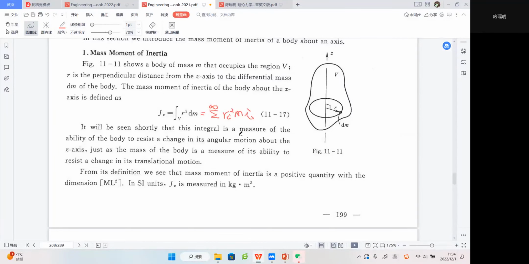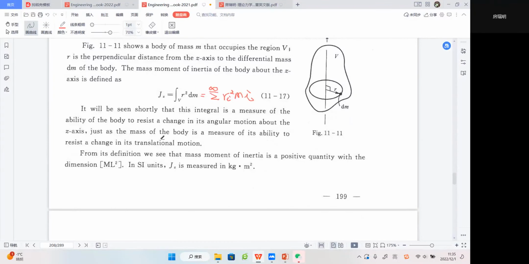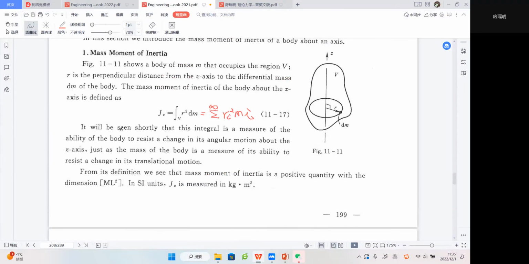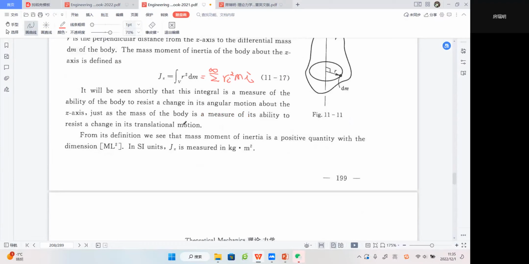Just as the mass of a body is the measure of its ability to resist a change in its translational motion, the mass moment of inertia is a property of the body. It is a measure of its ability to resist a change in its rotational motion. So maybe I will repeat.